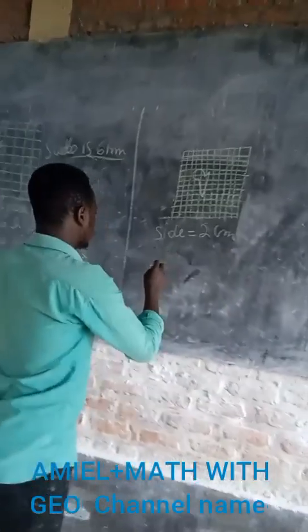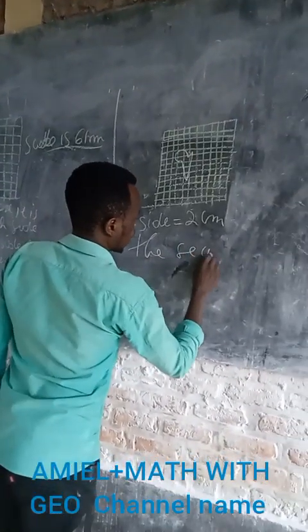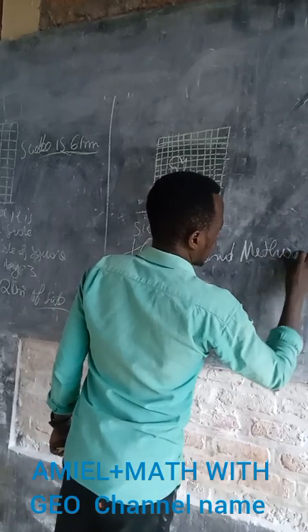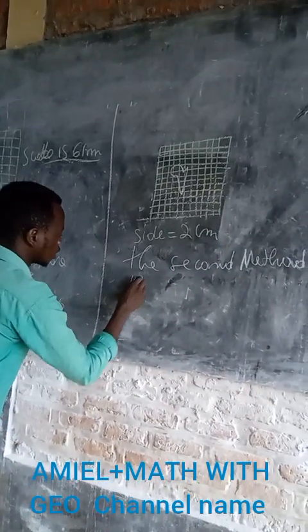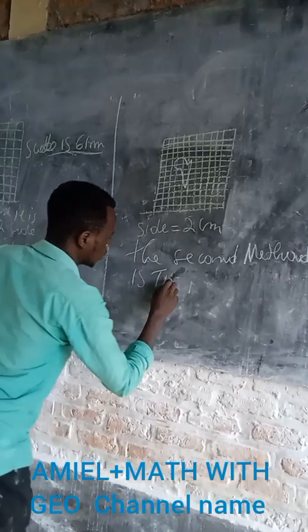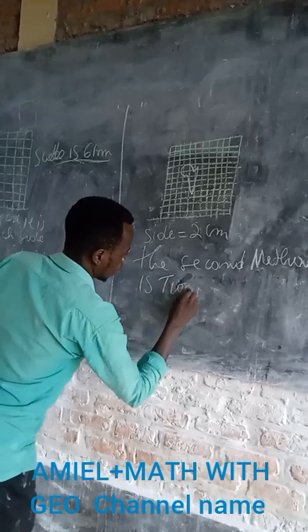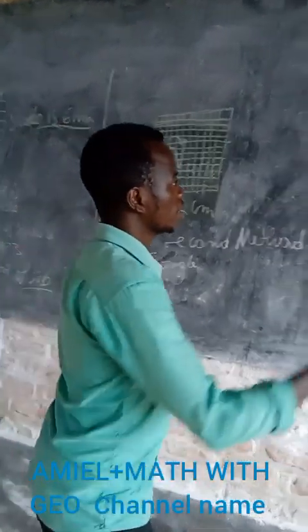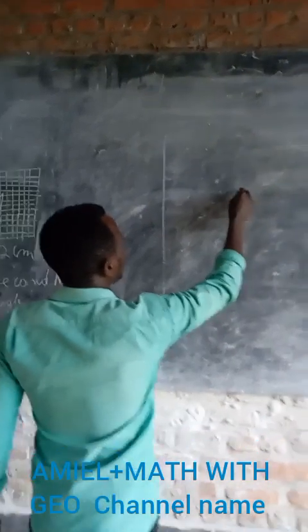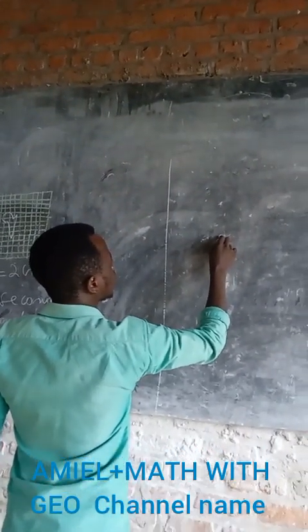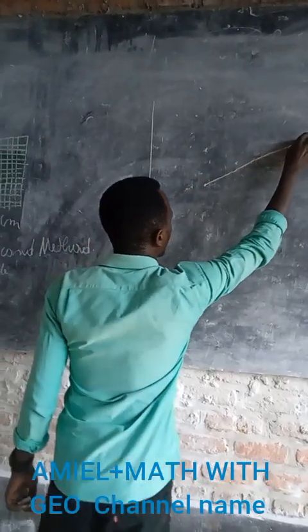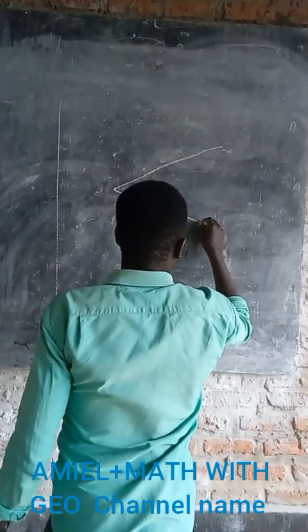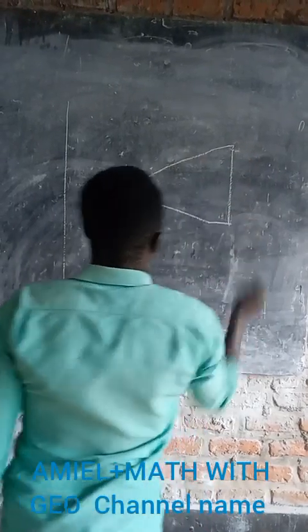The second method is the triangle. So we know that the triangle, we can draw here a triangle. Suppose this is a triangle.